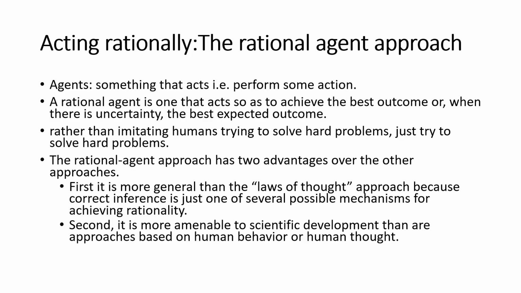It does not try to imitate humans but focuses on optimal behavior. For example, self-driving cars, chess playing programs, autonomous robots, and intelligent recommendation systems. So we can say that acting rationally is the most widely accepted definition of AI today.